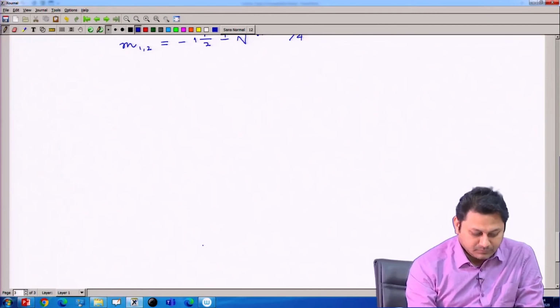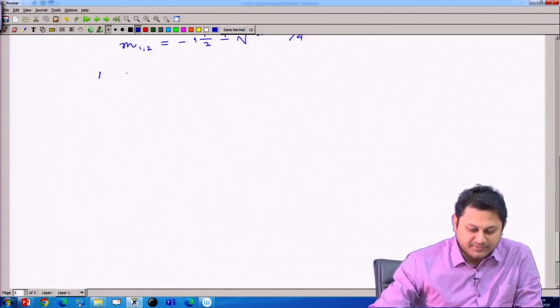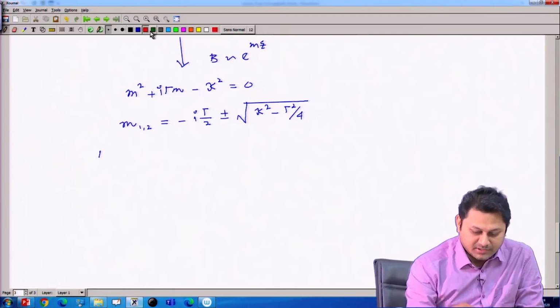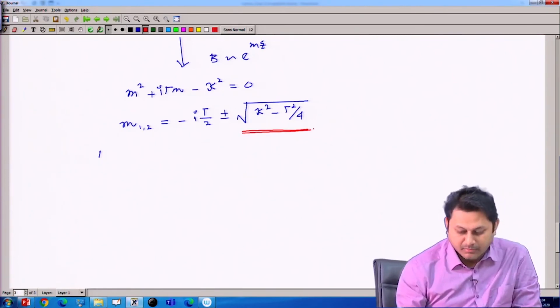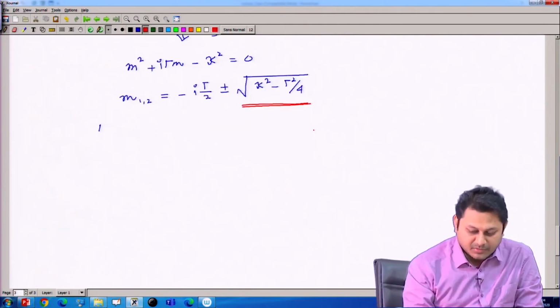Well, now we have something very interesting here, which is kappa square minus gamma square divided by 4.